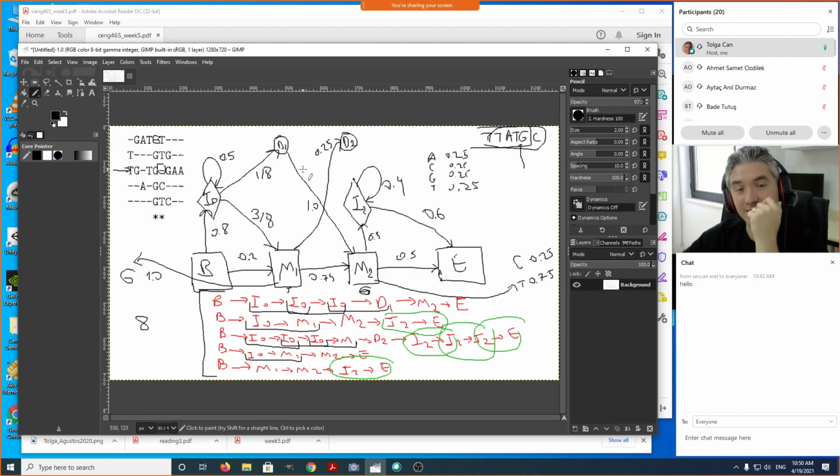So what I'm saying is that if this TTAT, the first part of the sequence, the best path that emits TTAT and ends at D1, if you have observed TTAT up to this point, by the way, at D1 we don't have any emitted symbols, so this last T should have been emitted from this I0 state.